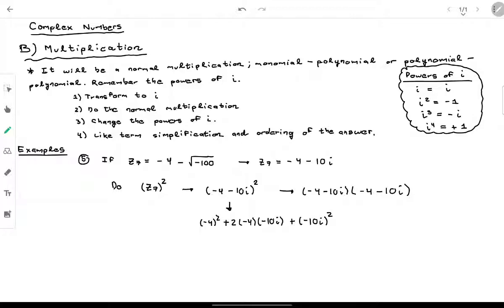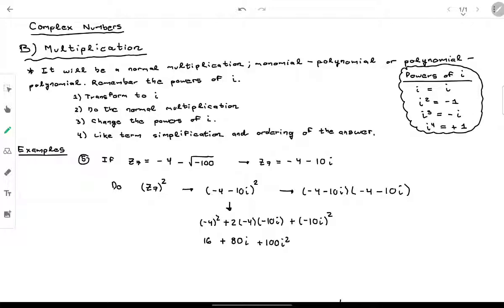What it will be, it's going to be minus 4 squared, it's going to be positive 16. Then it's going to be minus times minus, it's plus. 4 times 2, it's 8, times 10, it's 80. 80i. It's going to be plus 100 I squared.